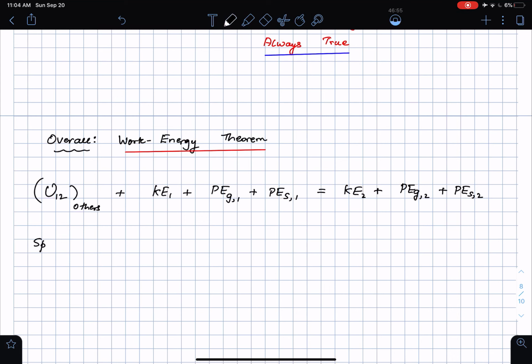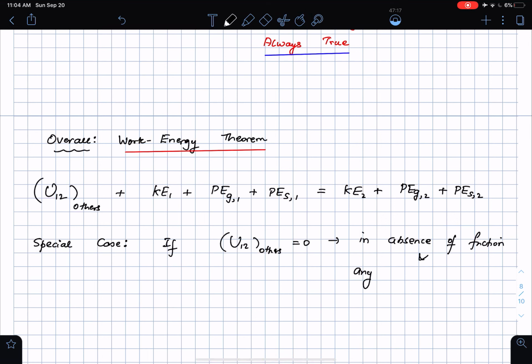If I look at a special case, if U1 to others is equal to 0, in the absence of friction and any other applied forces, then what will happen?